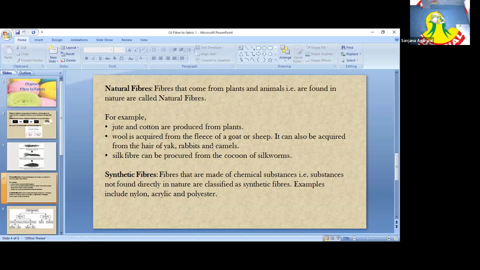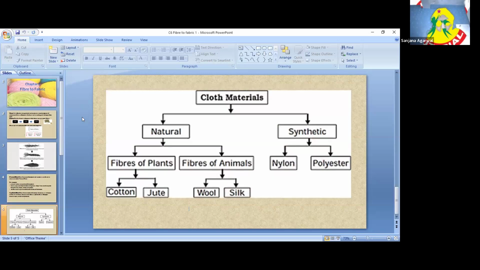Which absorbs sweat better? Ma'am, synthetic fiber. No, natural, and that too cotton from natural is best that absorbs sweat. This we have discussed before.